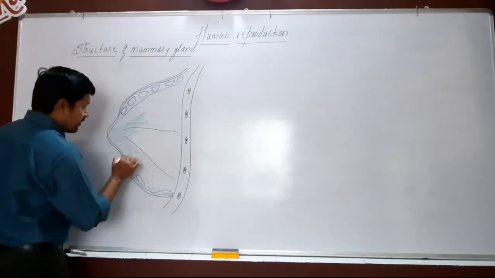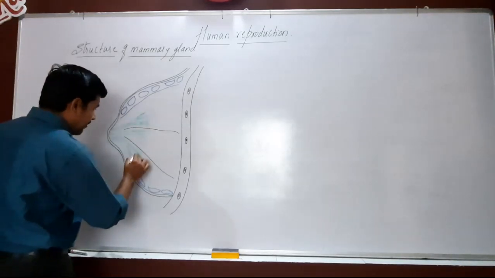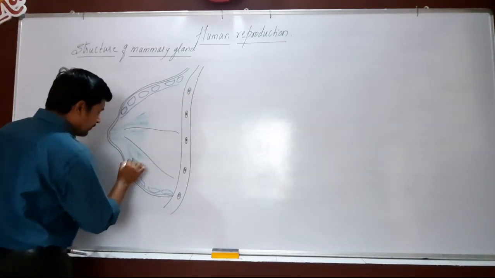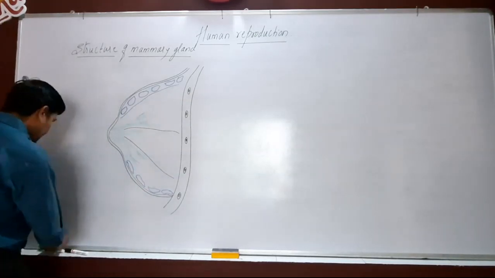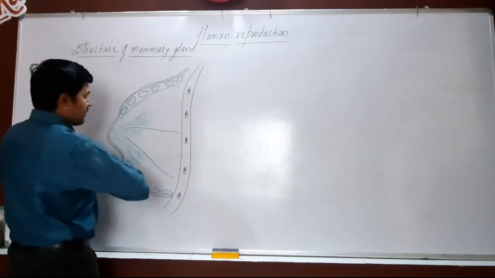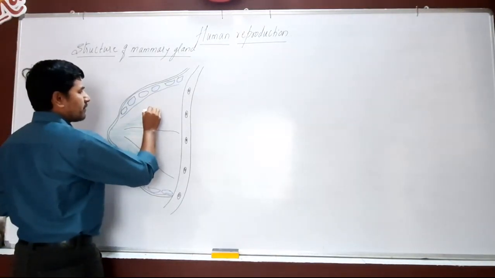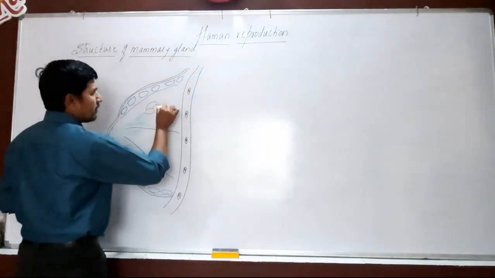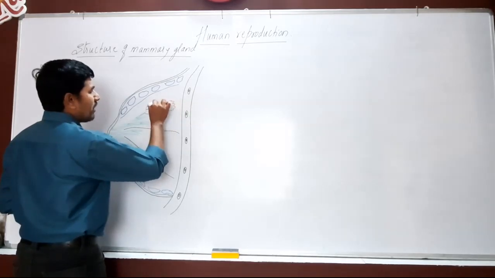And here we observe the terminal parts also. In these terminal parts, we have certain structures. They are called mammary alveoli.